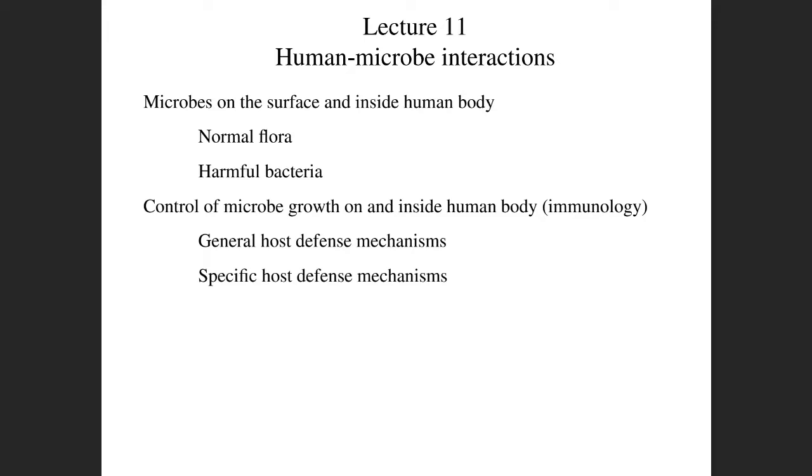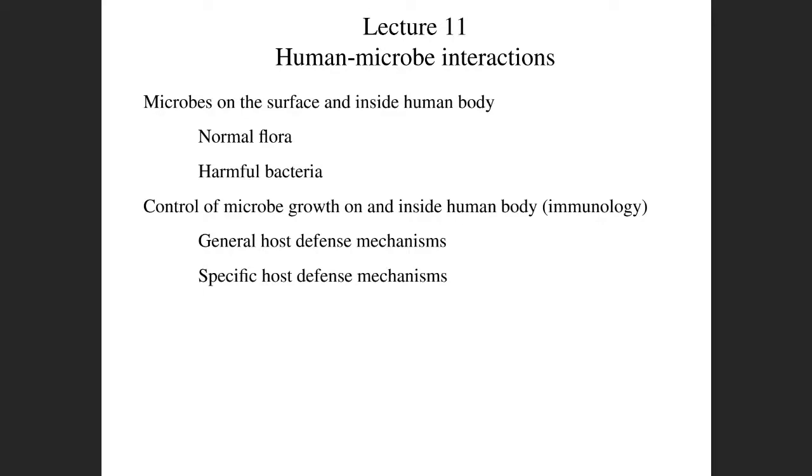And then in terms of control, how do we control? There are two main types. One is the general host defense mechanism. One is the specific. It is important that you understand the general. Here's the concept. General means those are mechanisms that apply to every microbe.